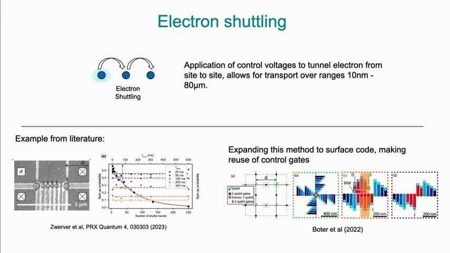And they're able to do this 250 times or so and tunnel over tens of micrometers. You can also imagine the way that this could scale up into an architecture. So on the right there's a proposal for doing exactly that type of thing, where you've got chains of these dots between each of your qubits in your surface code. And you can think about coupling by shuttling the electrons from site to site.